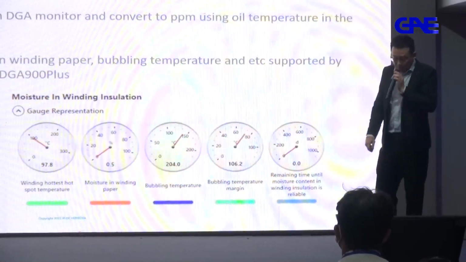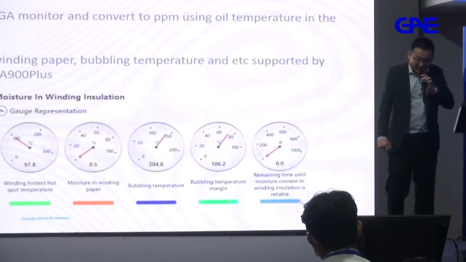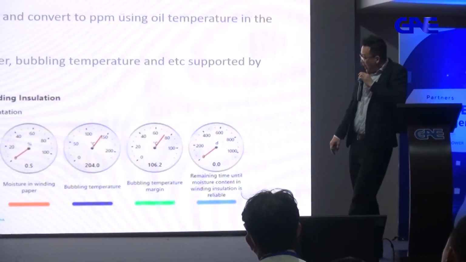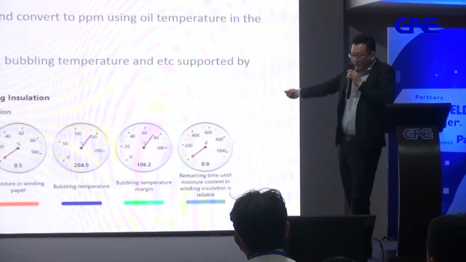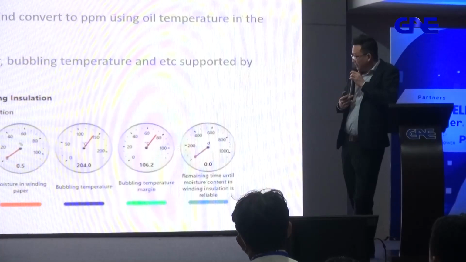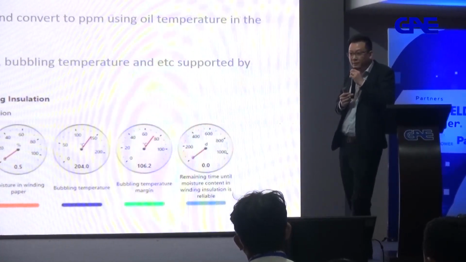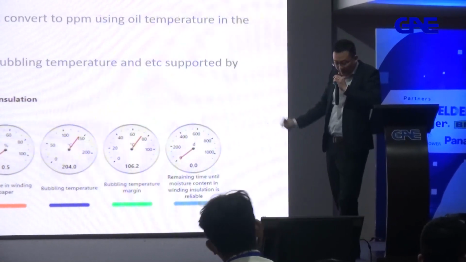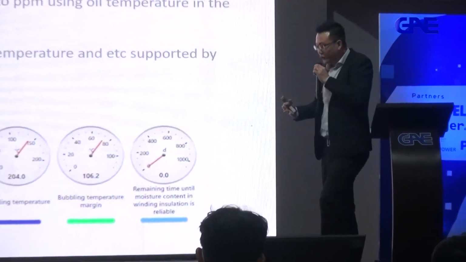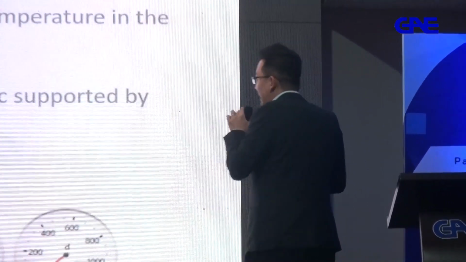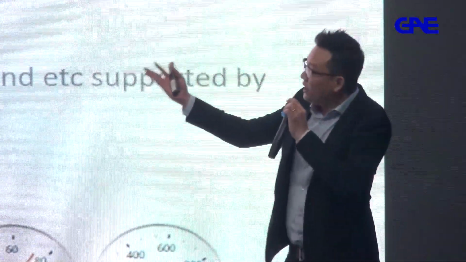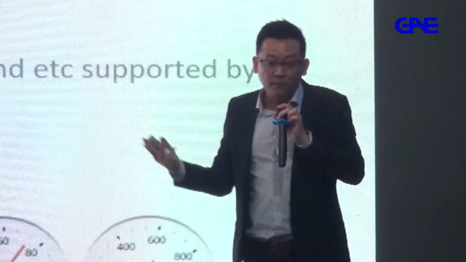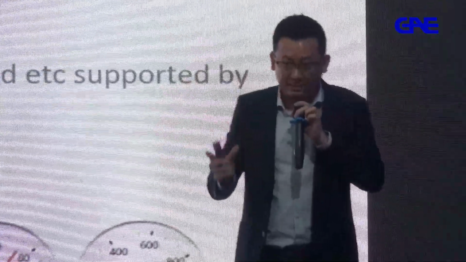So, how do we do the measurement by online DGA? Here, very nice, all the gauges. Feels like Fast and Furious 11 already, where you have all the gauges inside your car. But this is not. Moisture in oil is measured in our DGA device by a thin film capacitive moisture sensor.